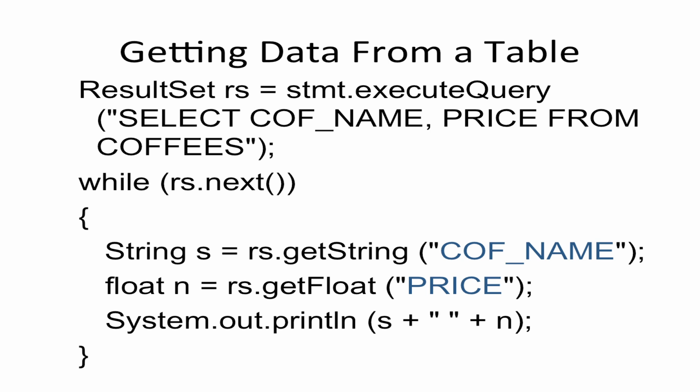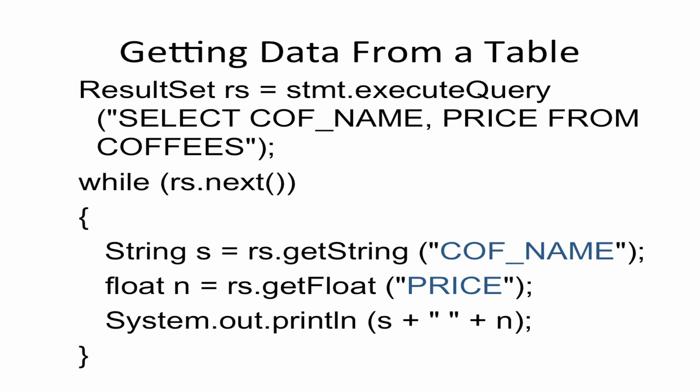After from we write the table name. So coffees is the table name, and COF_NAME means coffee name, and the second field is the price. So we are writing select the name of coffee, COF_NAME, and price from the coffee table.